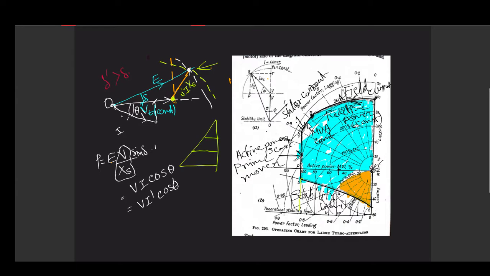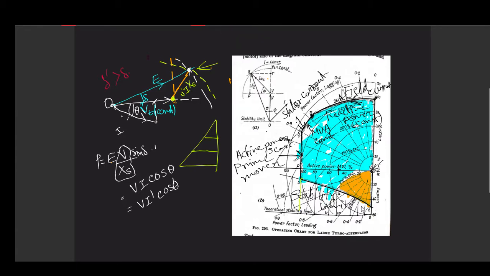Then the constant MVA limit is imposed by your stator current thermal limit. Then the reactive power constraint is imposed by your field current and field cooling aspect, and this side of the curve is your stability limit. How did we get this?